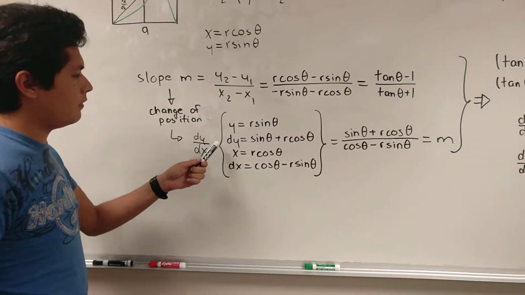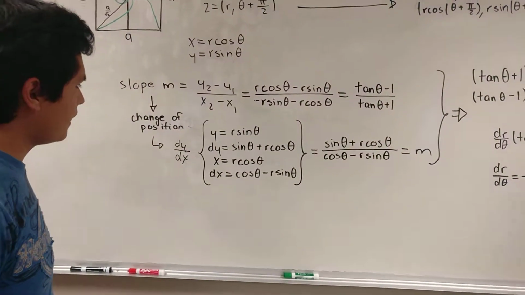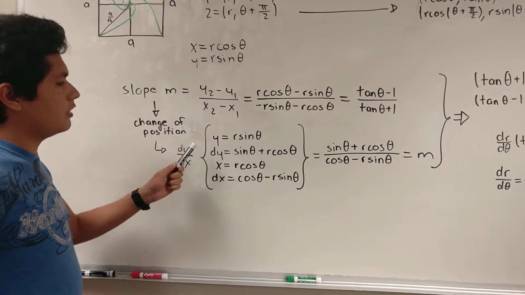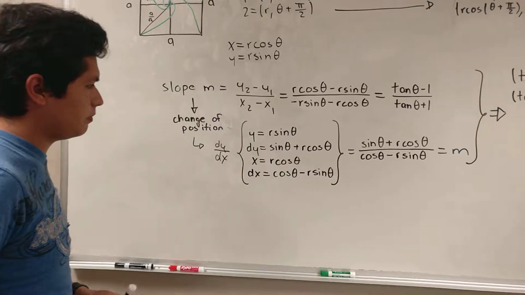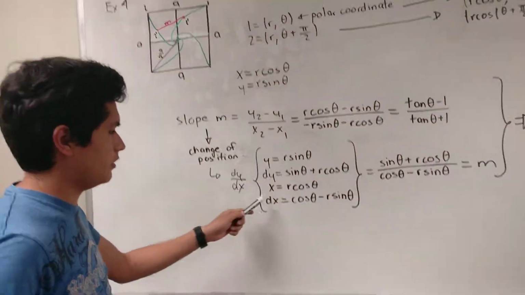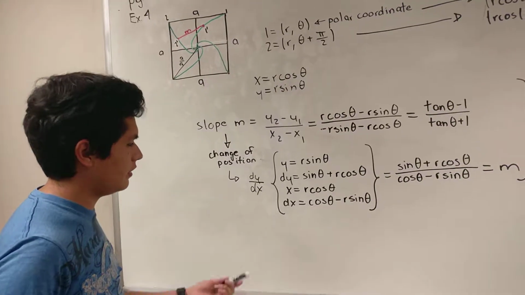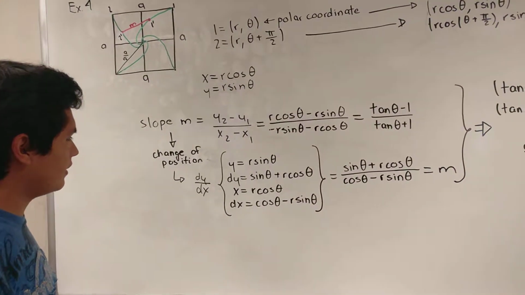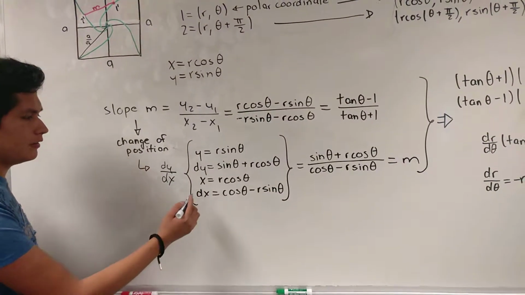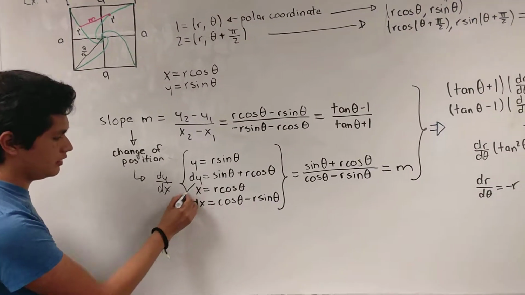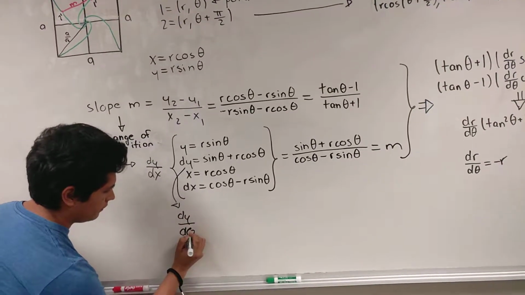Since we have the first bug, which is easier than using negative r sine, we have y equals r sine theta, and then take its derivative, which is sine theta plus r cosine theta, and the same thing for x equals r cosine theta, and get its derivative. Each one of these derivatives is taken with respect to theta. This dy is the same as dy over d theta.